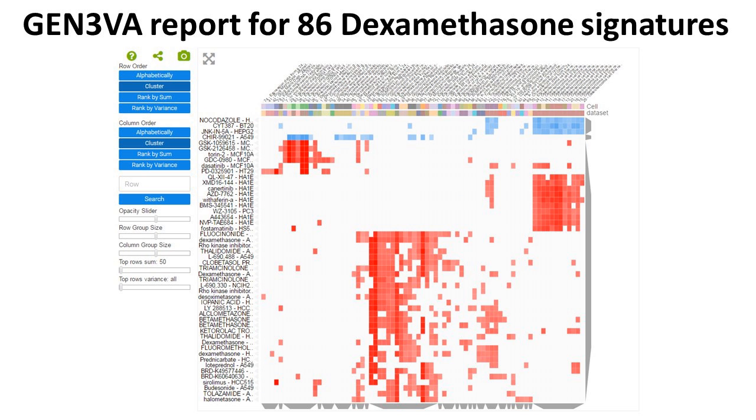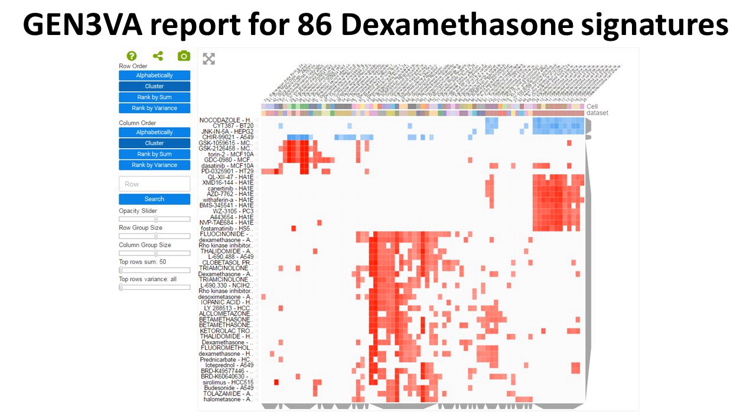So let's go to the next. The final part of the report from Geneva queries the dexamethasone signatures against the L1000 LINCS dataset, where thousands of small molecules were used to treat several human cell lines, and then gene expression was measured with the L1000 technology.